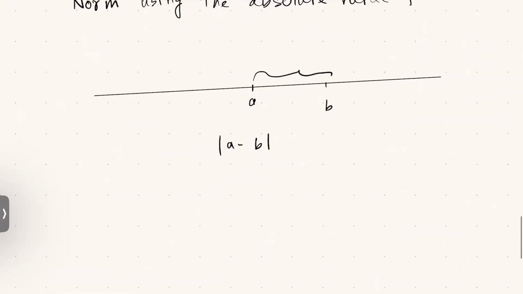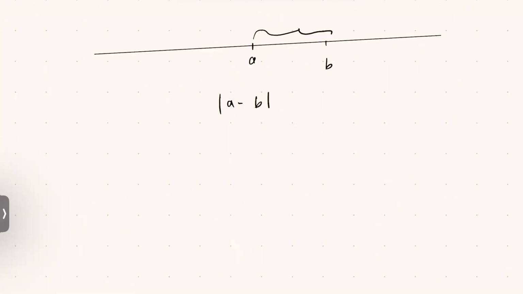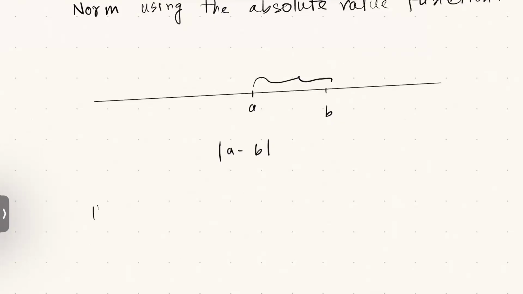Also, we know the set R2, the two-dimensional Euclidean space. We know this is a vector space, right? We know it probably from school.